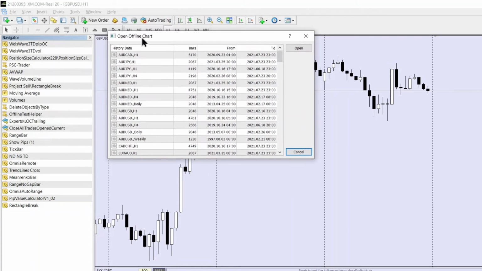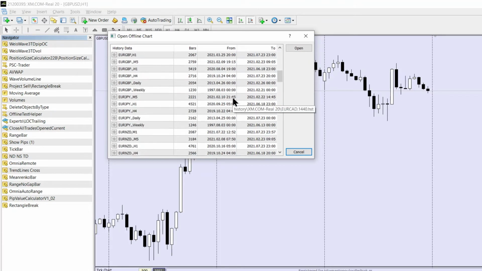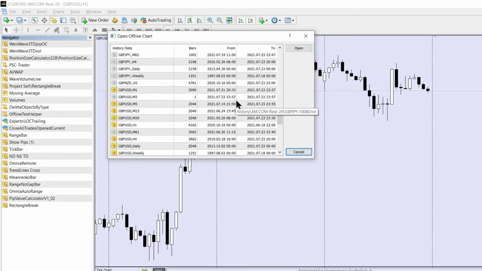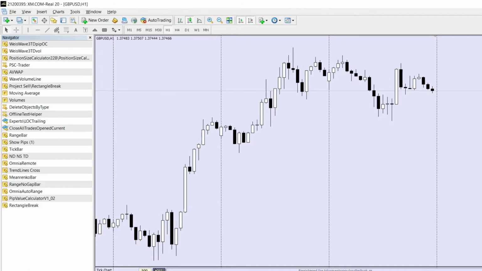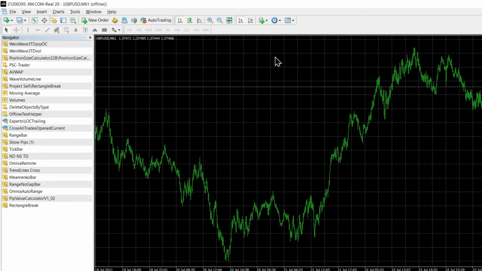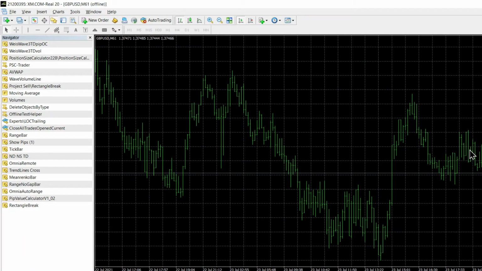Also, if I open the offline charts, you will see on the GBP USD an M61 chart, which is this one, and it's 3002 bars. I don't have to open it from here, because if I click this, it will open the chart. And this is our tick chart, a 500 tick chart.